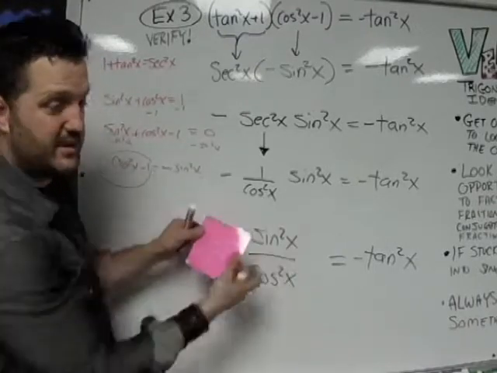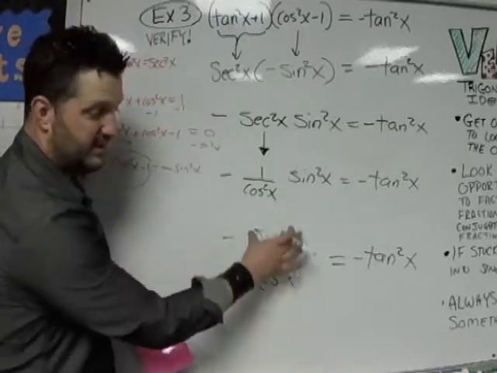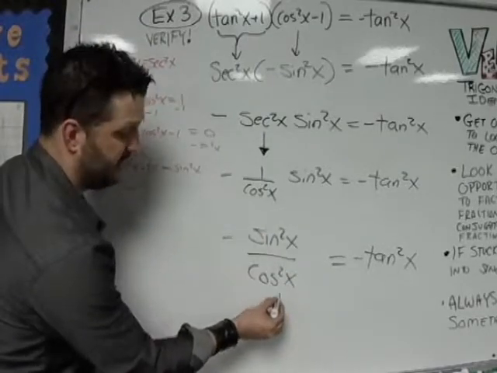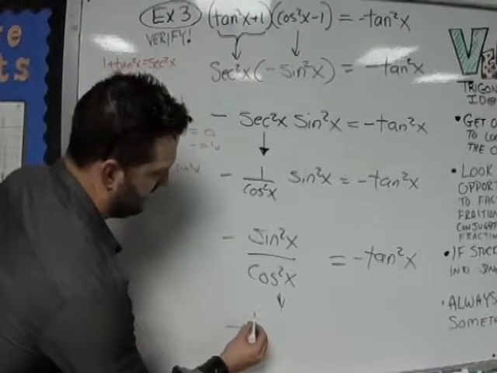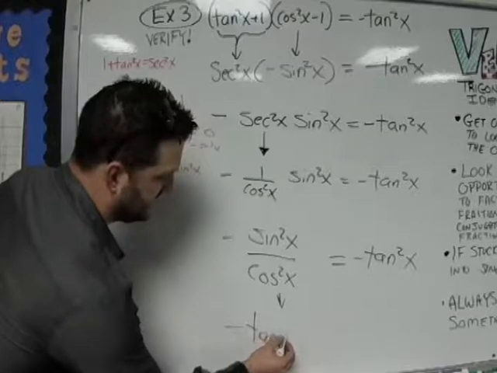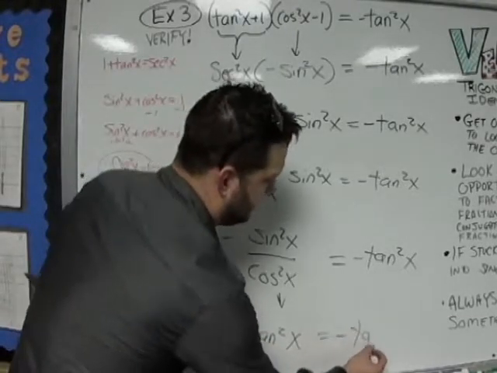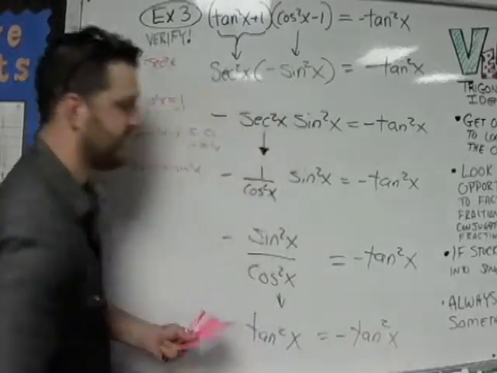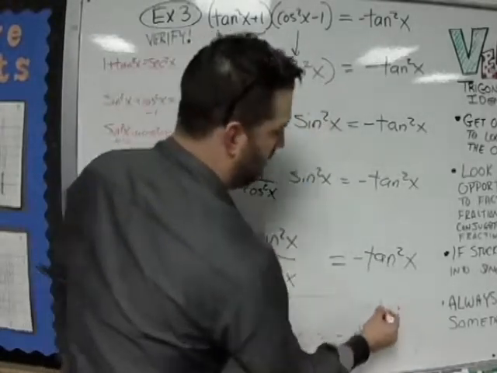Anytime I see sine squared x over cosine squared x, that's just one of the basic identities. Sine squared x over cosine squared x is tangent squared x. Then I have that negative right there. Sine squared over cosine squared equals tangent squared x, so we get negative tangent squared x. Once you got the left side to look like the right side, we are done.